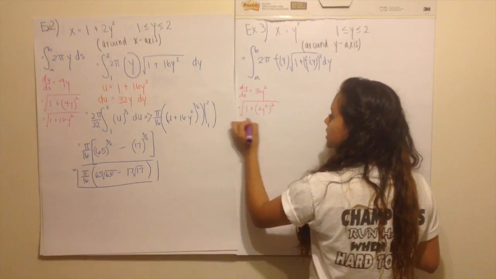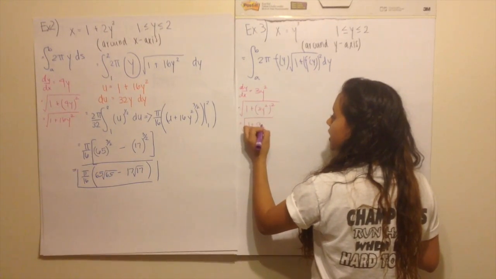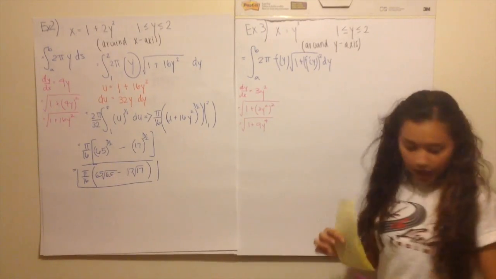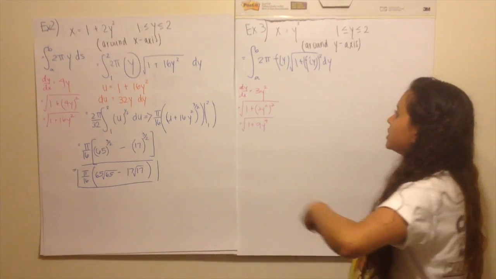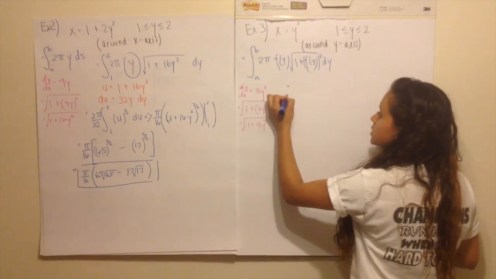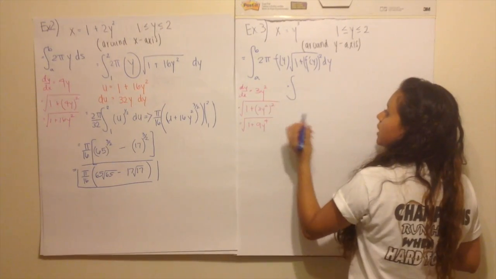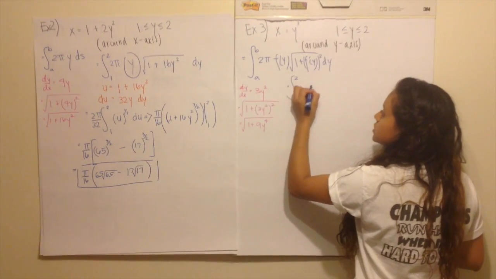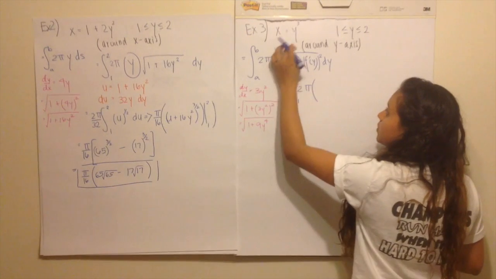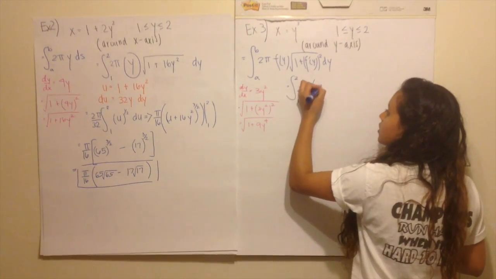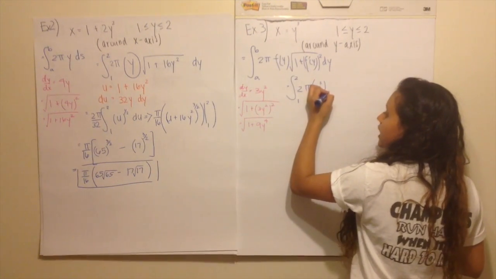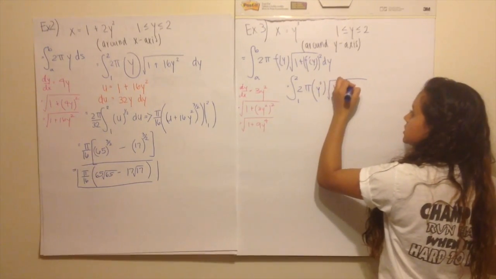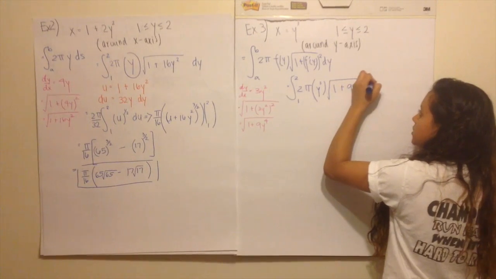So we end up getting 1 plus 9y to the 4th power. Having our arc length, now we get to plug it in here. So we have the integral from 1 to 2, 2 pi, and then we plug in our function, y cubed, times our arc length, 1 plus 9y to the 4th power, dy.